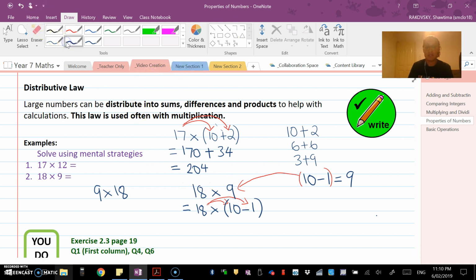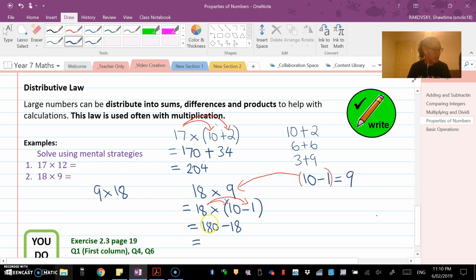And here we go. So 18 times 10, 180, and 18 times 1 is 18, but a positive number multiplied by a negative gives us a negative. And then I would use my mental strategies to help me out here.